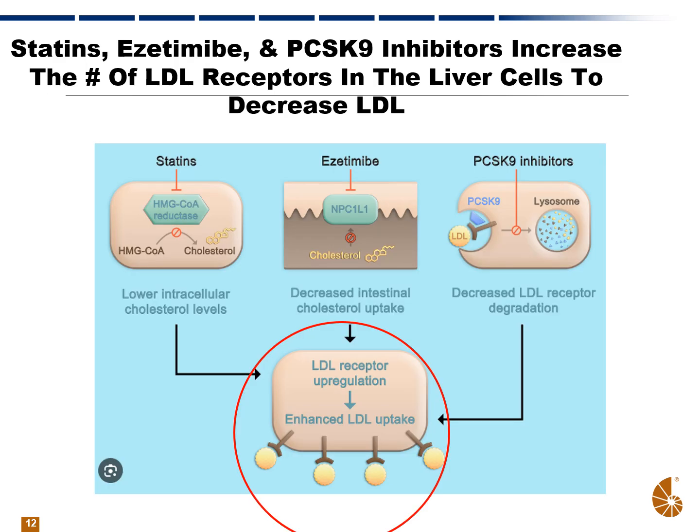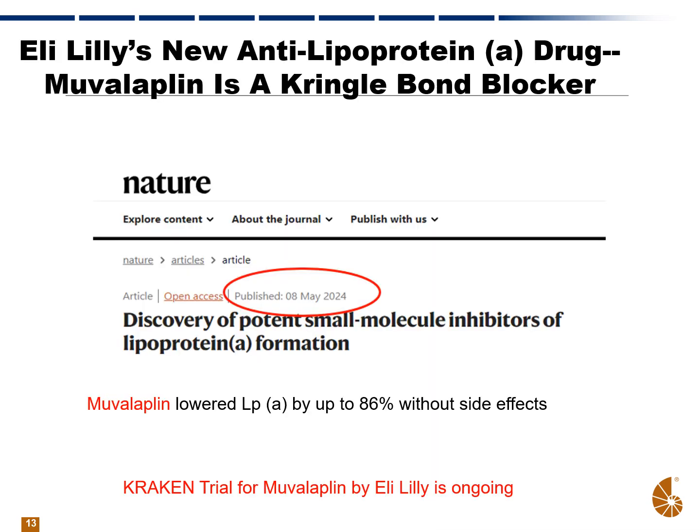So we've used statins, the intestinal cholesterol uptake inhibitors, and PCSK9 inhibitors, all to our benefit to try to decrease the amount of LDL or bad cholesterol and limit the risk of those factors.